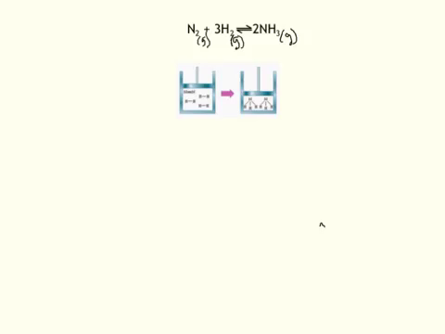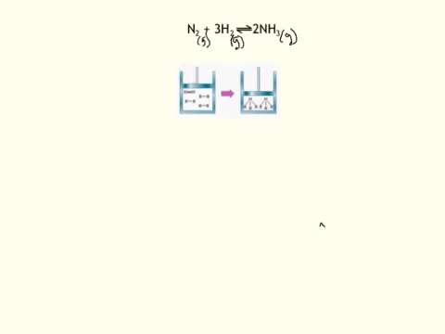Now, equilibrium is also affected by changes in pressure. And in this example, we're showing the three gases involved in the Haber process. On this side, we have one molecule of nitrogen and 3 molecules of hydrogen. And then what happens is we decrease the volume that container will allow.